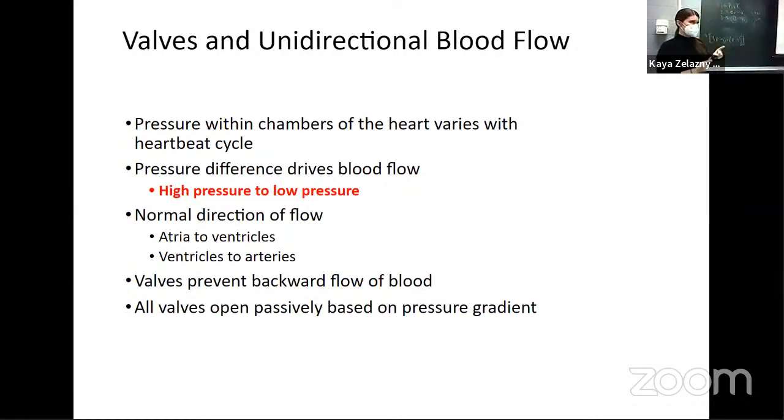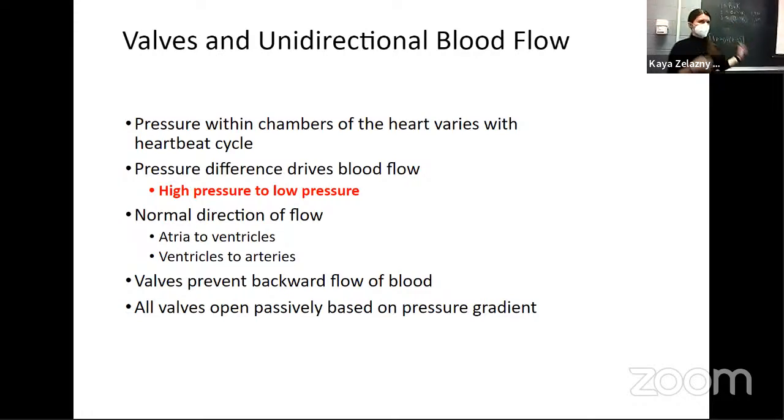That's the important piece with the valves. The valves are blocking backflow, because as blood moves from the atria to the ventricles, that raises pressure in the ventricles. We don't want blood flowing back from a ventricle to an atrium. That's what's important about those valves. But always, if there's an opening, we move from high pressure to low pressure.